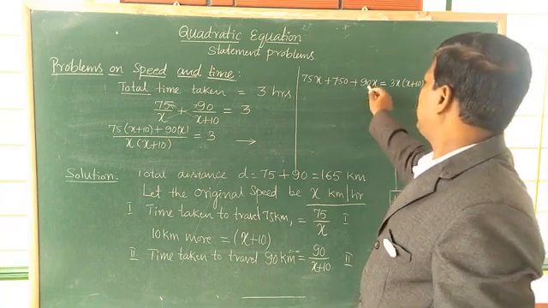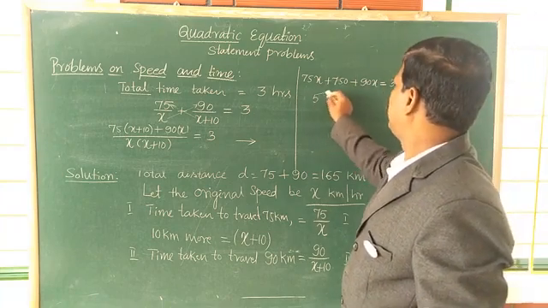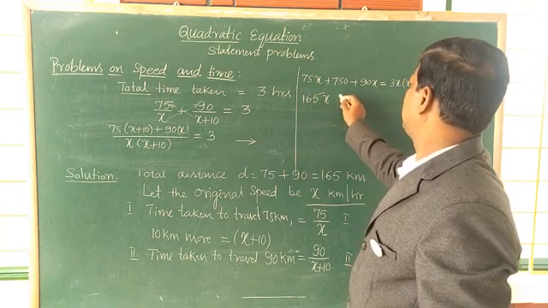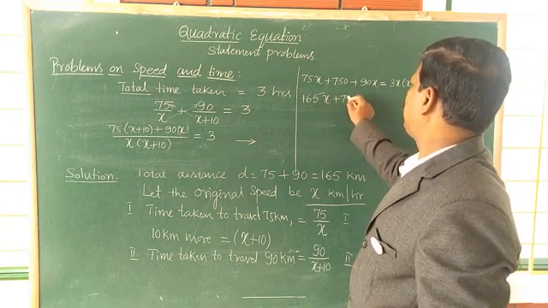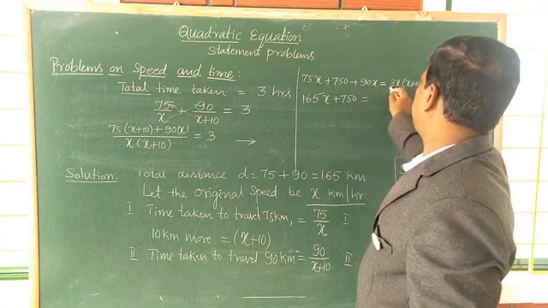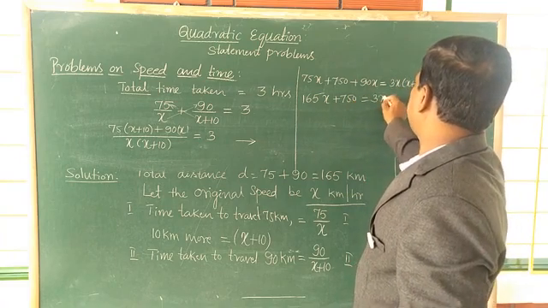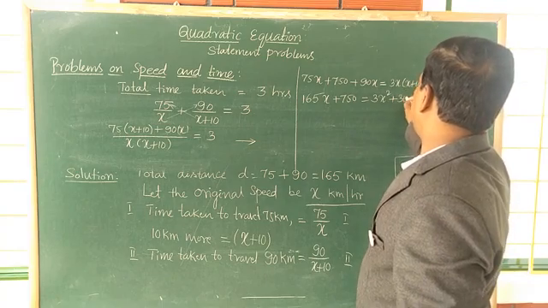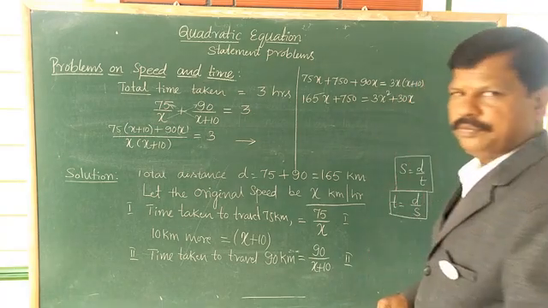Now 75 and 90 add to 165x plus 750. On the right, 3x into x is 3x squared, plus 3x into 10, 30x.